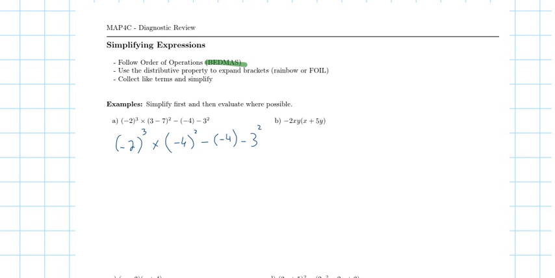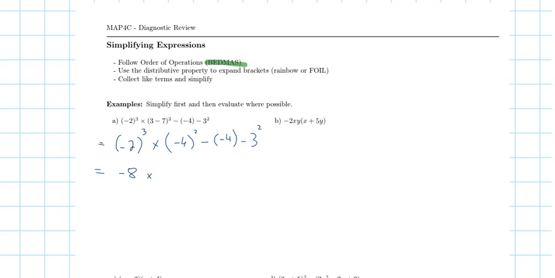After the brackets, what comes after B? Exponents. So any term that has an exponent, I want to solve it and find the answer for it. Here I have -2 cubed, which is -2 times -2 times -2. That is -8. What's -4 squared?